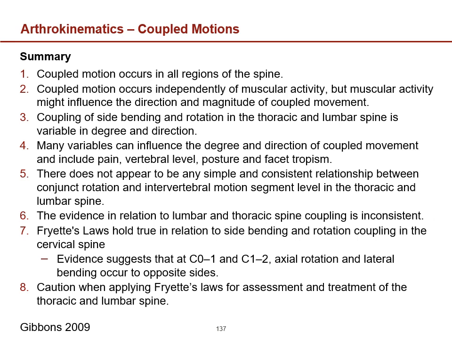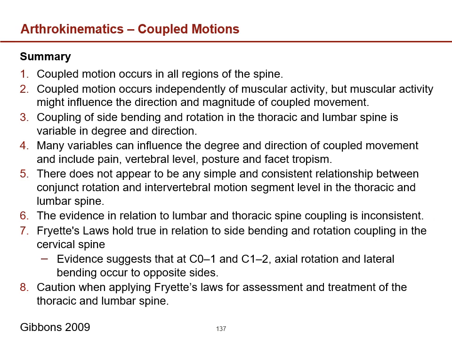Coupling of the side bending and rotation in the thoracic and lumbar spine is variable in degree and direction, and apparently also by level, as denoted by that JOSPT study that we just looked at. Many variables can influence the degree and the direction of the coupled motions, and this includes pain, vertebral level, posture, facet tropism, and even the orientation of gaze of the individual.